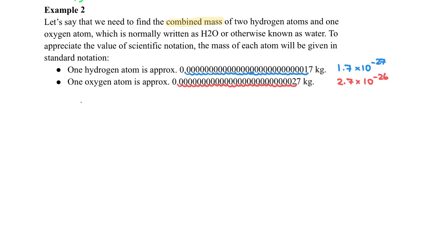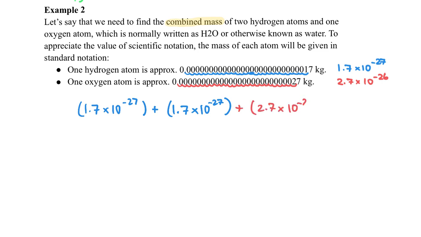So this is 1.7 times 10 to the negative 27 plus 1.7 times 10 to the negative 27 plus 2.7 times 10 to the negative 26. Now, just like the last problem, I need to convert these so that they all have the same exponent. Since these ones are already 27, I'll convert this one.